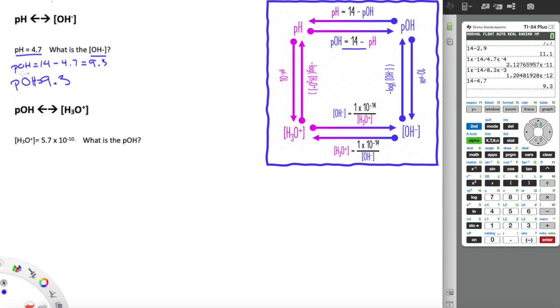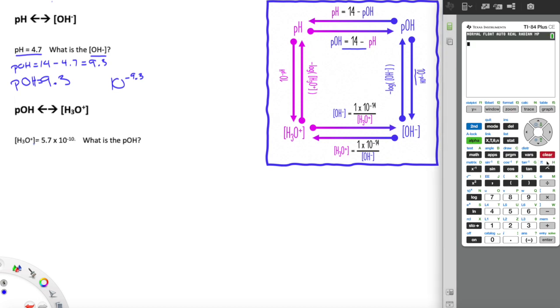Now we need to convert the pOH to a hydroxide ion concentration. So let's take a look at our roadmap. Now we're over here at the pOH, and we need to get down here to hydroxide ion concentration. So I'm going to follow this arrow, and that corresponds to this equation right here. I'm going to have to take the antilog, so 10 to the negative pOH, negative 9.3. In my calculator, I'm going to hit clear, then second log and then negative 9.3.